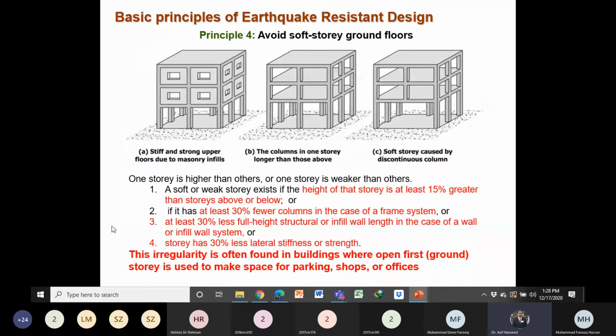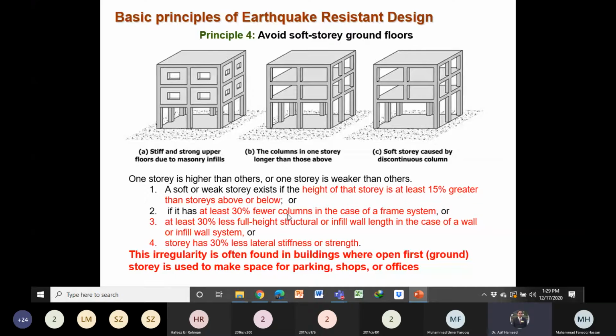Then soft story. We have to avoid the soft story. What is the soft story? If the height of a particular story is more than 15% more than the other stories, that story will be the soft story.